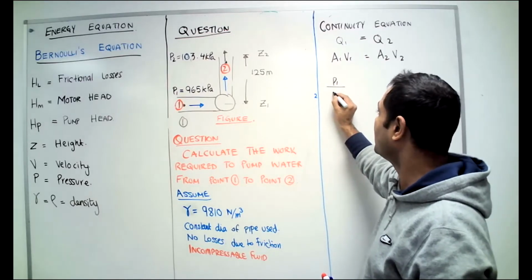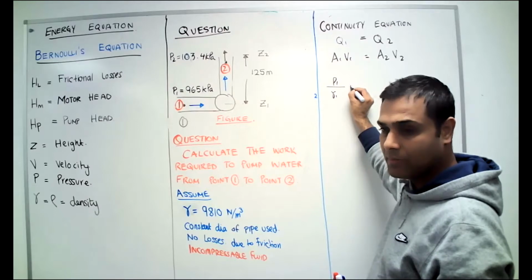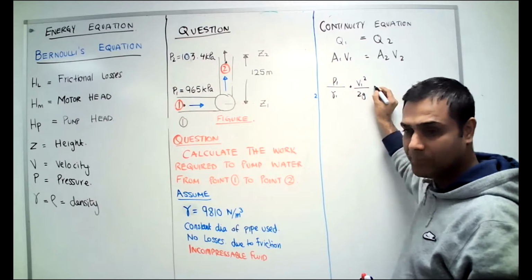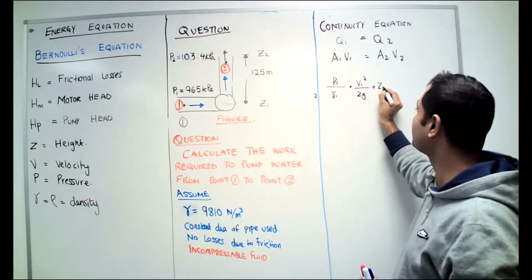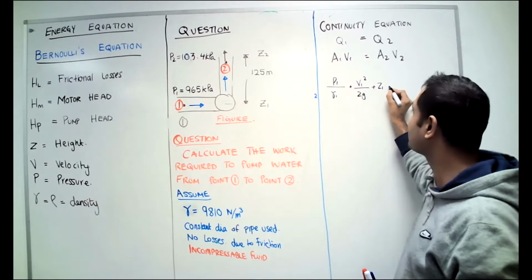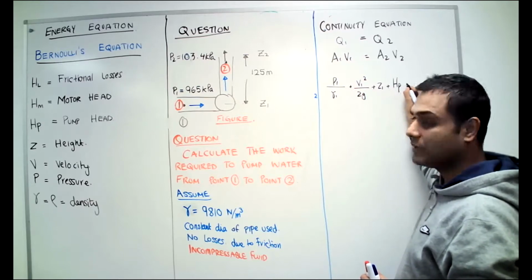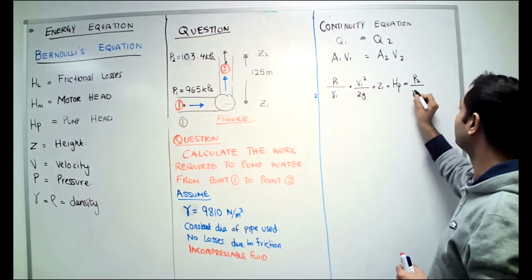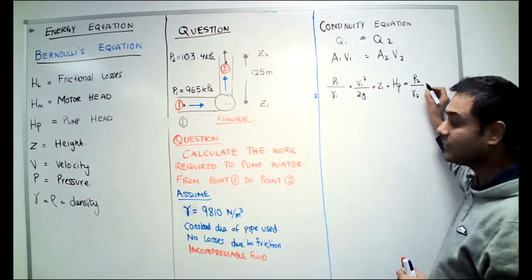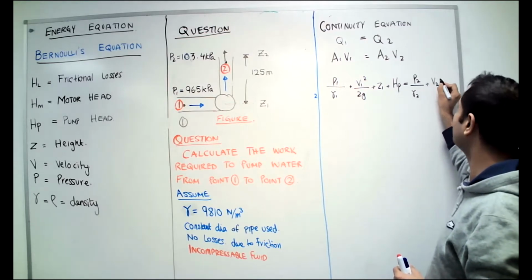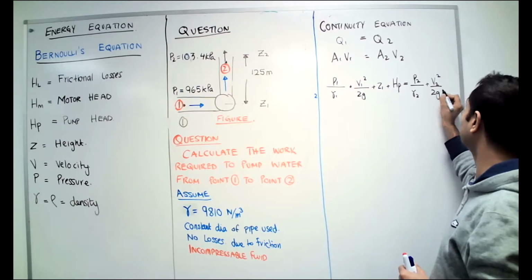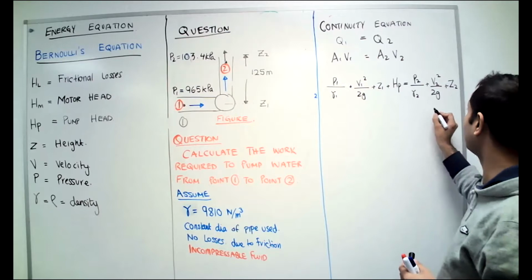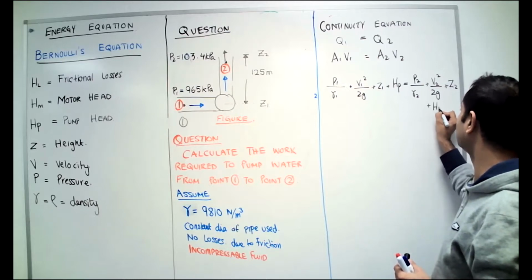So the one equation I wrote here, I'm just going to write down that one again. P1 over gamma 1 plus V1 square over 2G plus Z1 plus HP should be equal to P2 over gamma 2, V2 square over 2G plus Z2 plus HL.